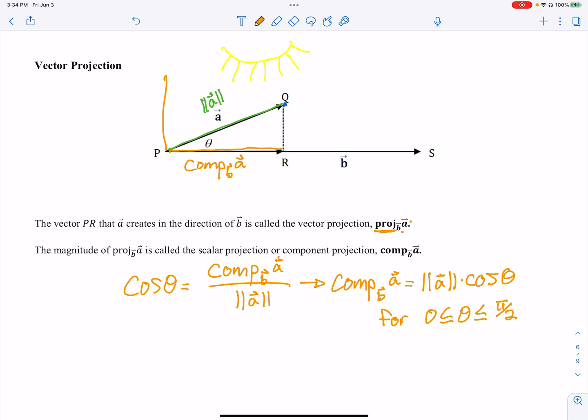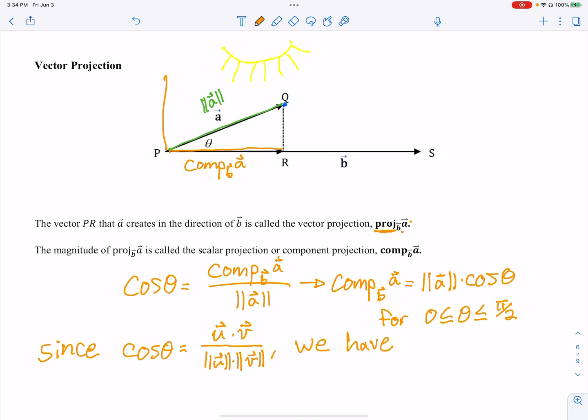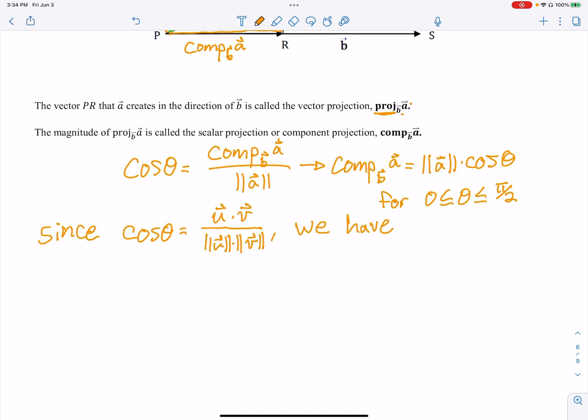Now, from the last video, the cosine of theta comes from the definition of the angle between two vectors: u dot v over the product of their magnitudes. We replace it with A's and B's and substitute for cosine.